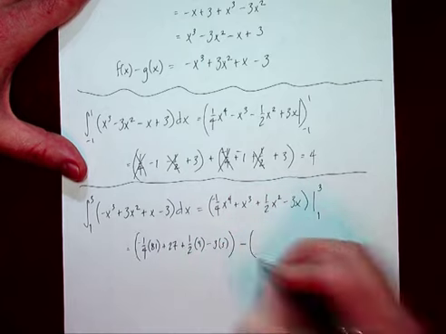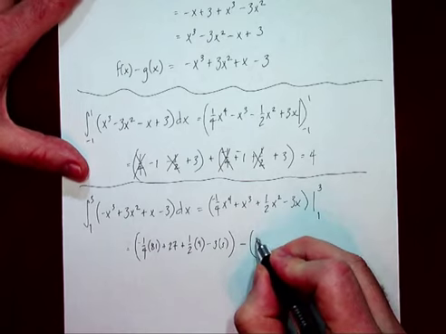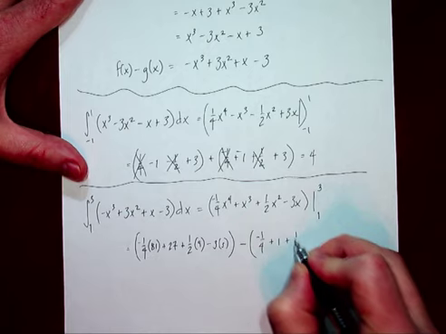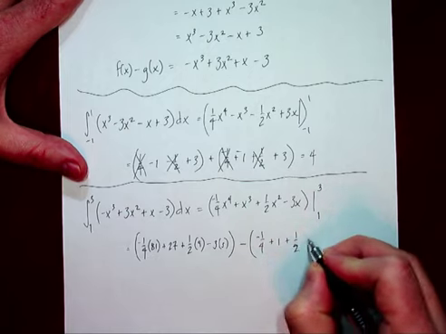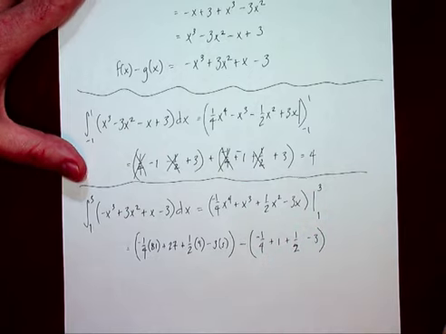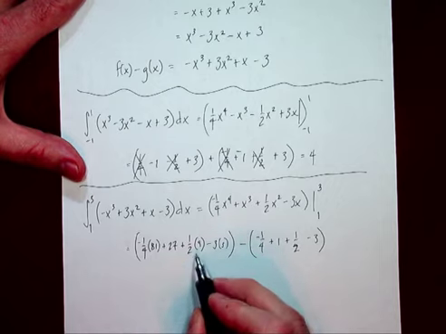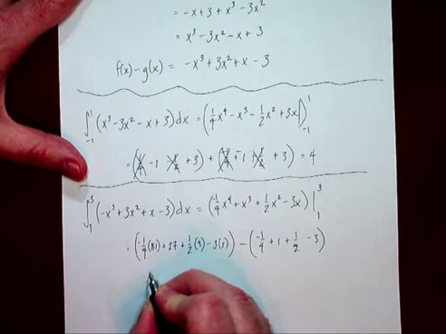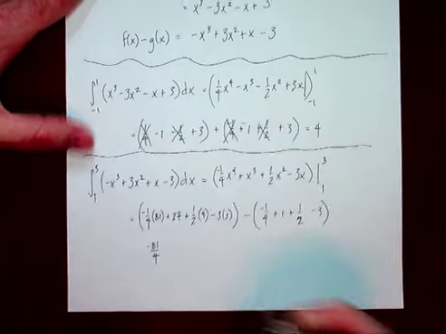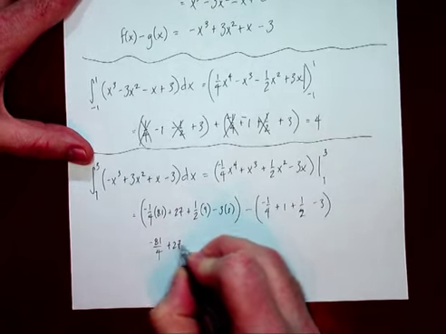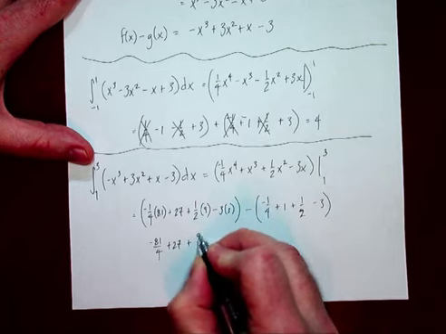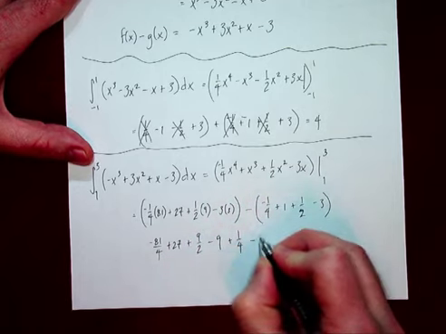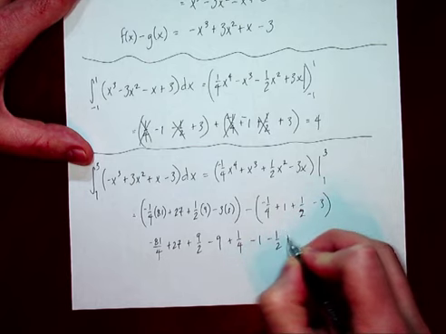And then we're going to subtract, plugging 1 into there, which is going to be 1/4 plus 1 plus 1/2 minus 3. Now, this right here is negative 81/4, okay? Negative 81/4 plus 27 plus 9/2 minus 9 plus 1/4 minus 1 minus 1/2 plus 3.